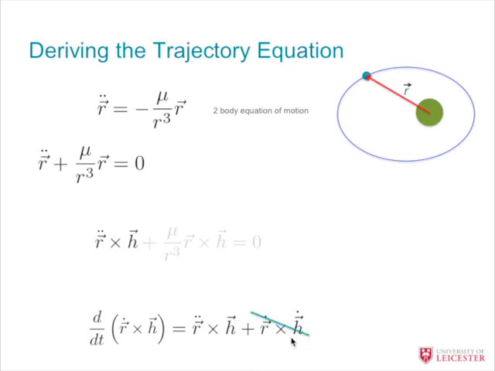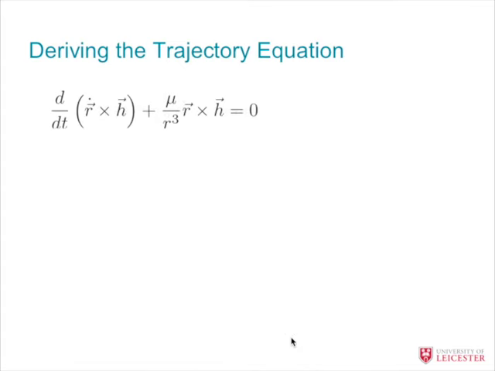And that means that that final term disappears. So we've now replaced the expression that I've just derived into the equation of motion crossed with h. So that's the first term dealt with.